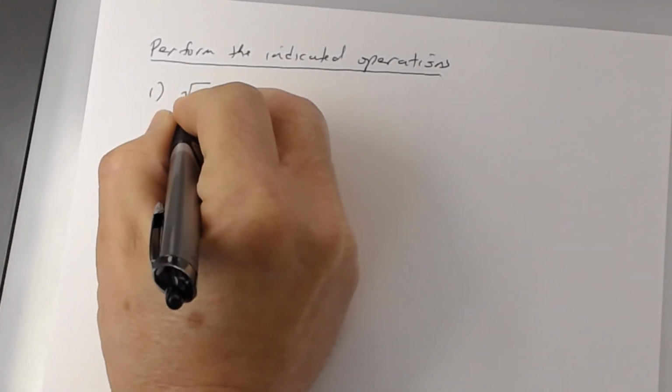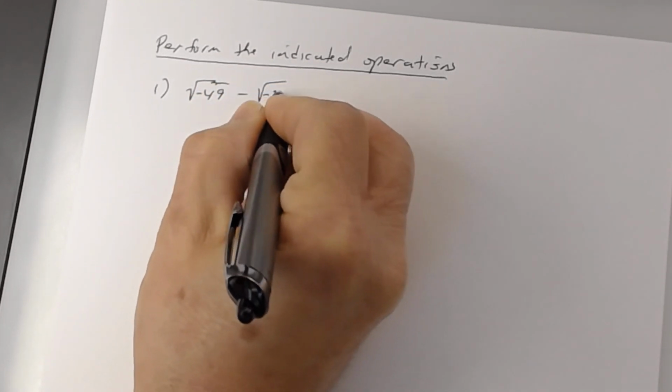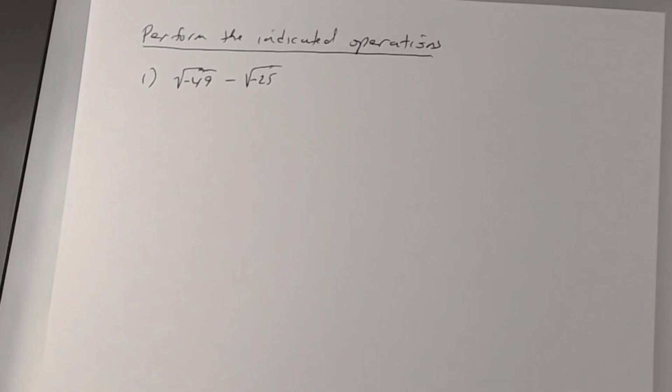The square root of negative 49 minus the square root of a negative 25. Just go ahead and write this down. Square root of a negative 49 minus the square root of a negative 25. Now, we basically talked about something like that last class period.